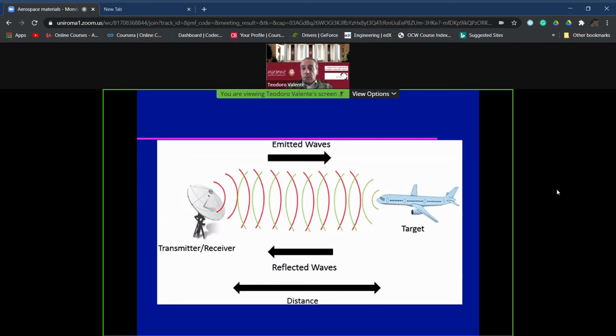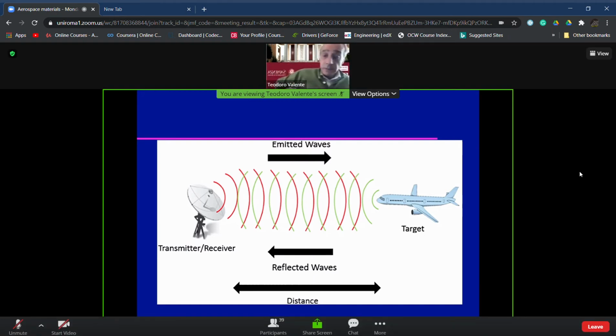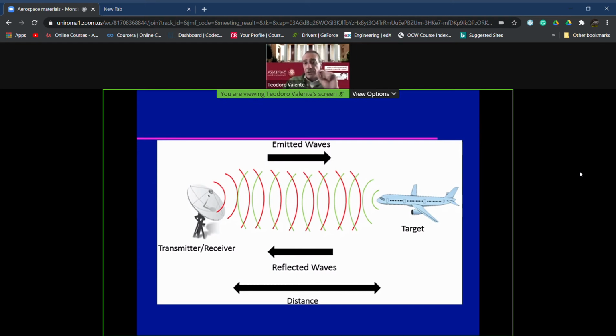This is our reference, as we told. So we have a transmitter receiver, which is the radar. We have emitted waves. We have the target. So the interaction of the electromagnetic waves with the target can give reflected waves. And from the signal, which is detected by the receiver, we can have the measurement of the speed and the location, that is the distance, of the flying object.